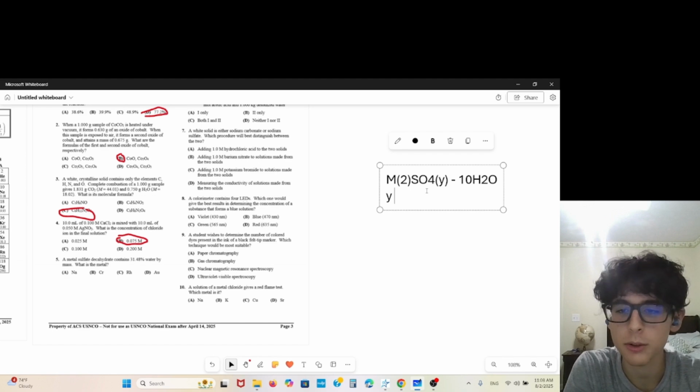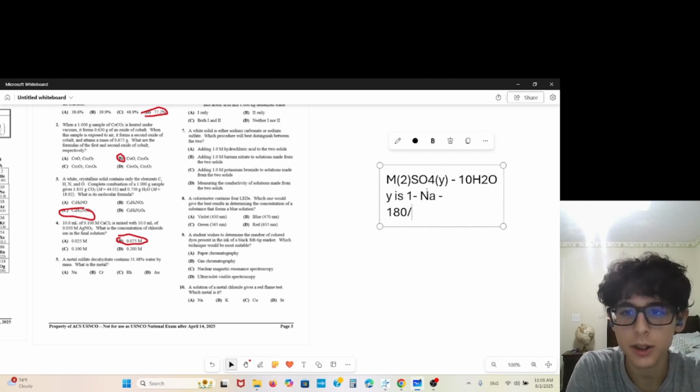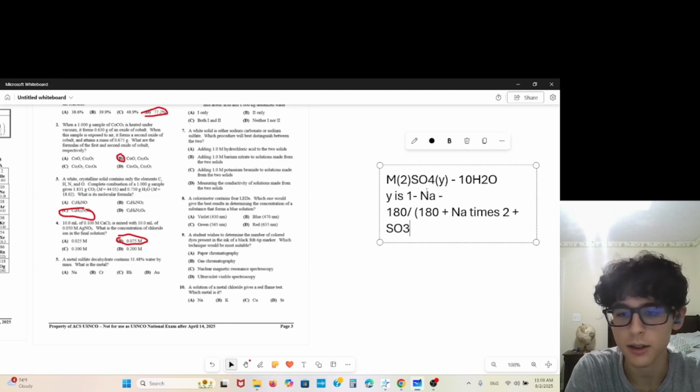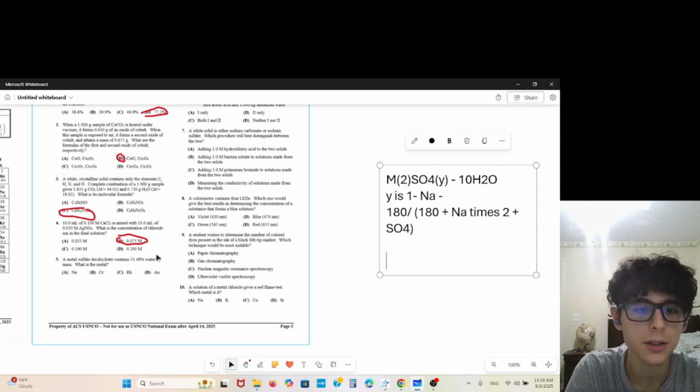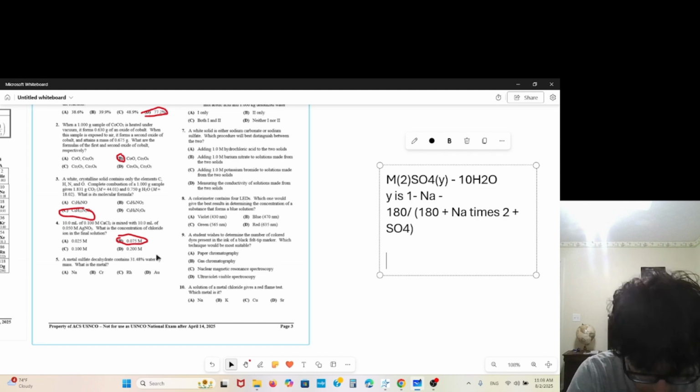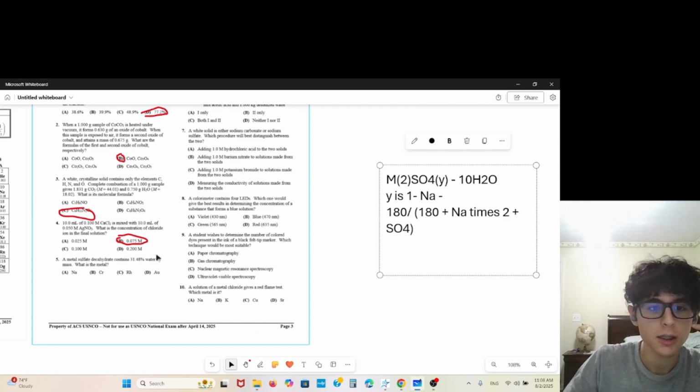Na. So when Y is 1, Na, you do the molar mass calculations, 180 over 180 plus Na times 2 plus SO4 does not work. Skip CR. RH, I'm assuming it's going to be plus 3 because it's in group 9.